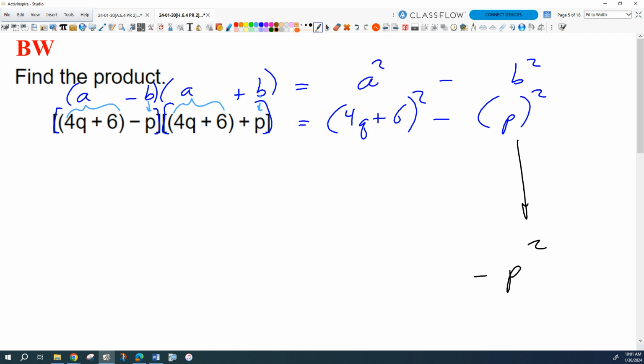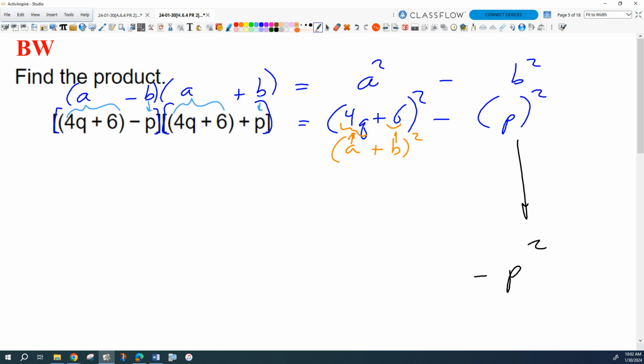This one's a little tougher. Which pattern is that one following? A plus B squared. Yeah, right. Now that's following the pattern A plus B squared. So now we've got a new A and B inside of the original one. Now we've got A being 4Q and B being 6.